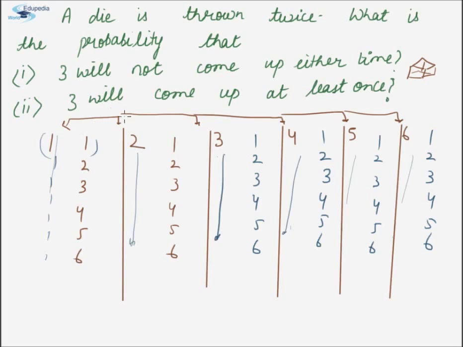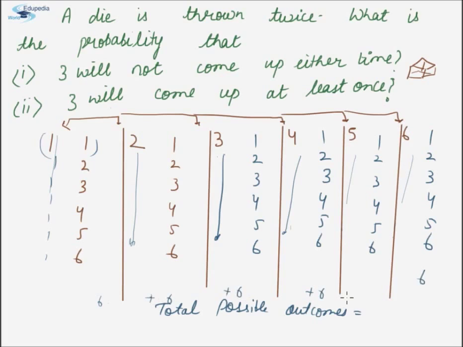Now let us first calculate the total possible outcomes. Clearly, the total possible outcomes are these 6 values plus 6 from these plus 6 plus 6 plus these 6 outcomes and these 6 outcomes.